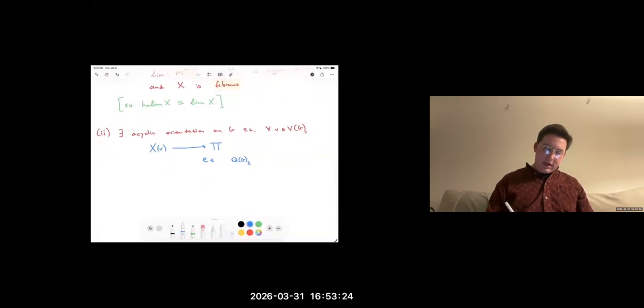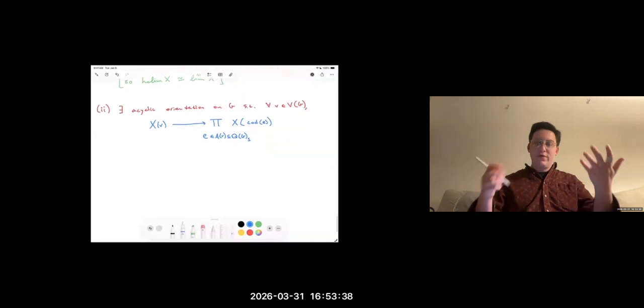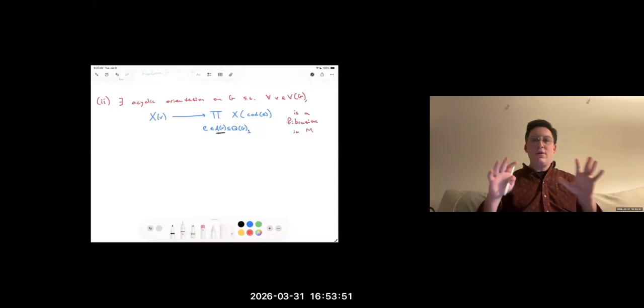This subset is going to be called A of V, just to give it some name. And then I'm going to take X evaluated at the codomain of all of those edges. All of these edges will have domain V, so these are going to be edges out of V. I'll describe what this set A of V is. And then the condition is that this is a fibration in M. I don't have to refer to model structures on diagrams anymore, so just a fibration in M.